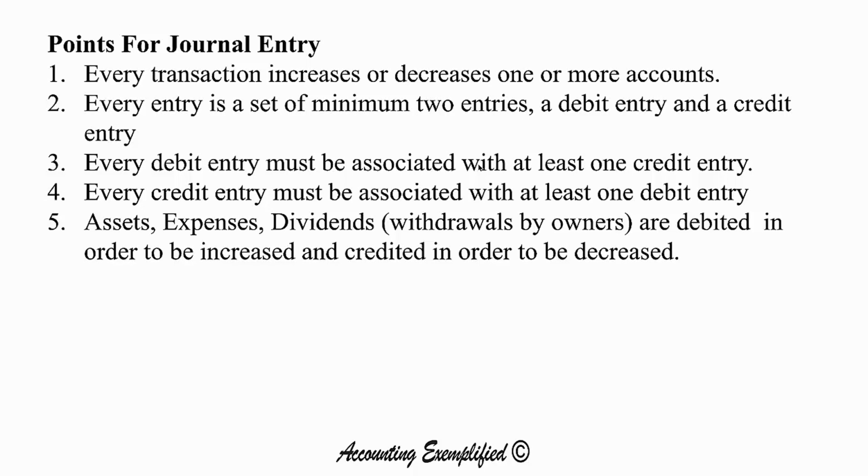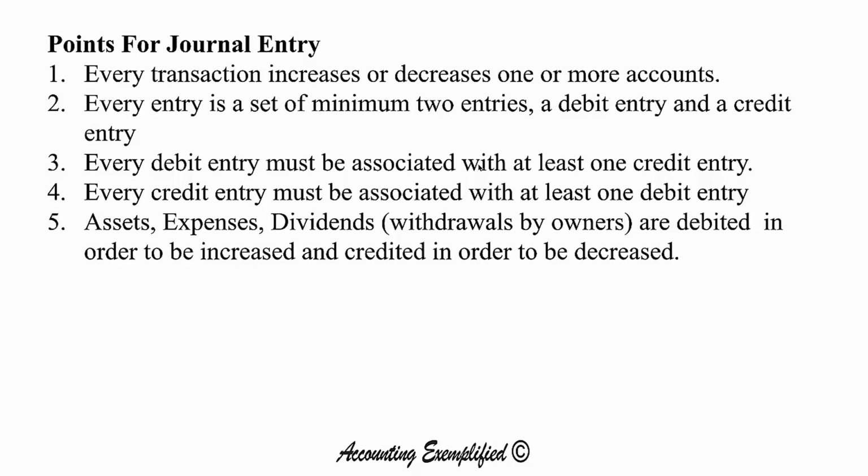Now, which accounts have to be debited and credited and at what time? Asset, expense, dividends. Any account belonging to one of these 3 groups, if they increase, they will be debited. That is, an asset account or an expense account or dividends. If it increases, it will be debited.